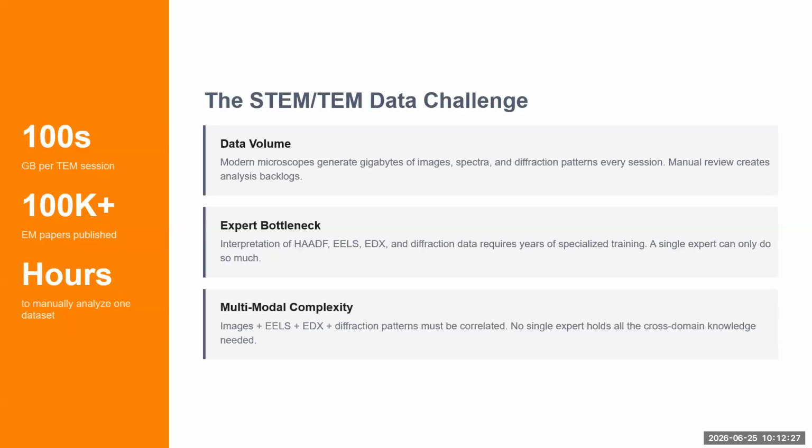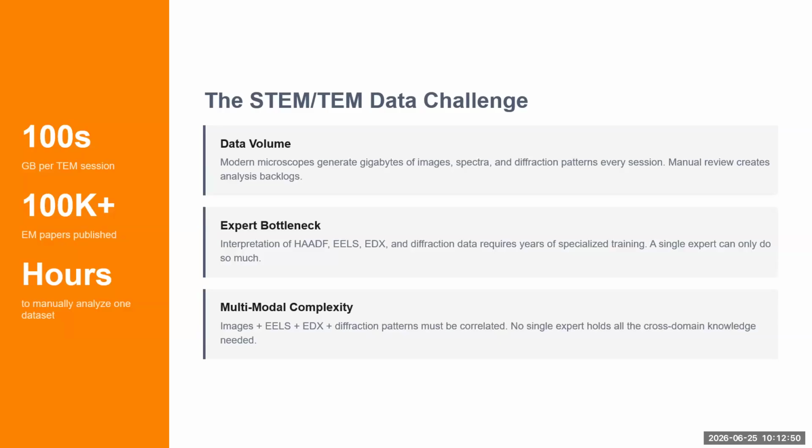Now, the other thing is a lot of this data, like the images, the EELS, the EDX, all has multimodal complexity and they can be correlated with each other, right? So this means we need an expert with cross-domain knowledge, and this is not very easy for a lot of scientists to do, and this takes a lot of time.